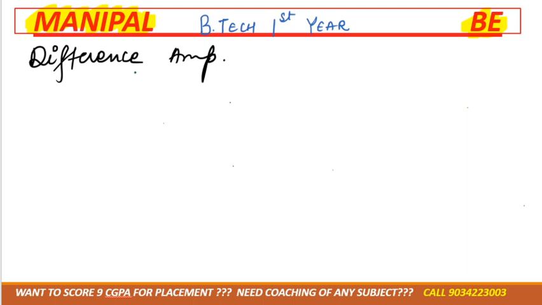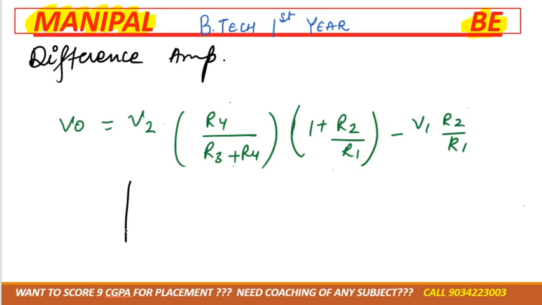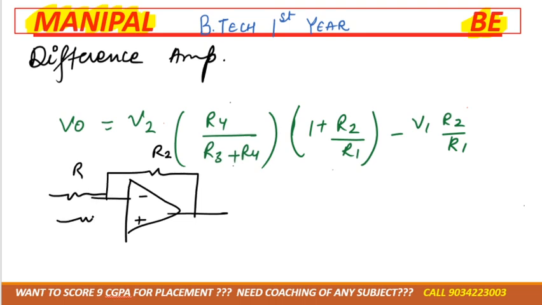The difference amplifier, but we'll have output, you need to remember it's a bit longer, that is R4 by R3 plus R4 times 1 plus R2 by R1 times V2 minus V1 R2 by R1. Then the diagram, positive terminal, R2. These are the notations, according to them change the notation, meaning if you change R1 R2, then the formula will also change, so remember it like this only. Generally the difference amplifier is not in Manipal.